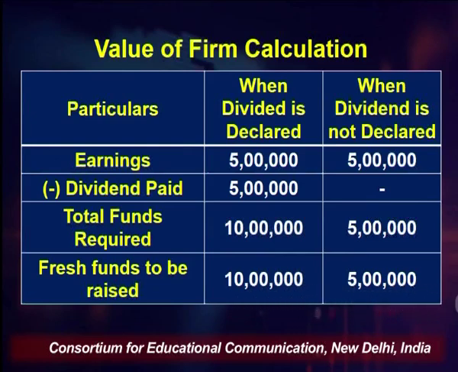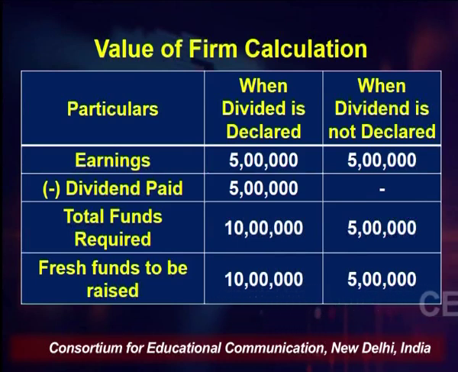First, earnings are given in the question, which is 5 lakh in both cases. Then we have to subtract the dividend mentioned in the question. The dividend paid in the first case will be 5 lakh rupees, but in the second case, since no dividend is declared, the amount will be 0.